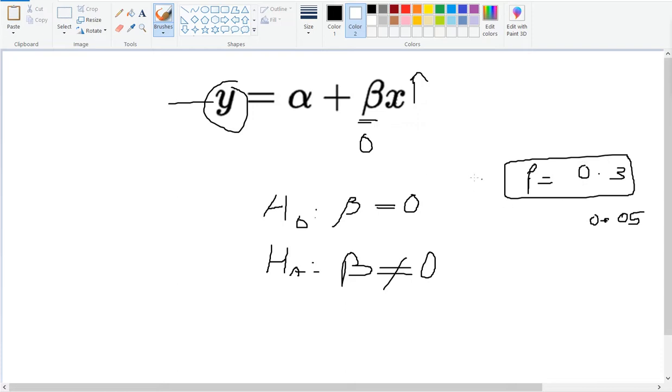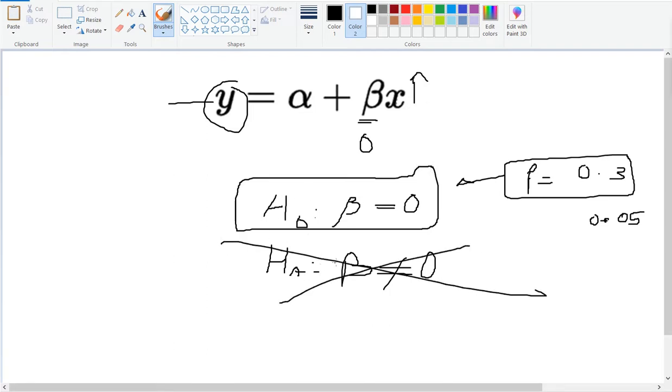We don't reject the null hypothesis, therefore we take this right here. We're not rejecting this, i.e. we're accepting this, and we're rejecting this instead. So a p-value greater than 0.05 has told us to take this answer, and this answer tells us that there is no relationship.